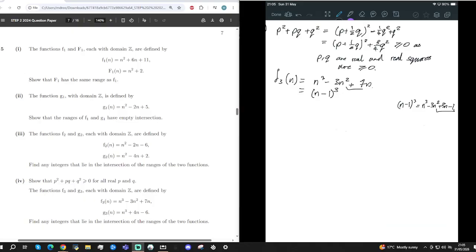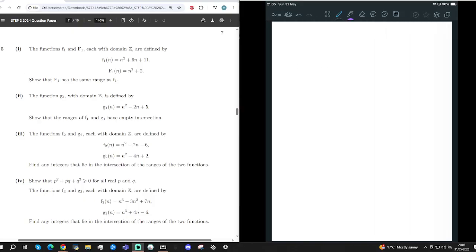I want plus 7n. So I need a little bit more. So we need an extra 4n. Now this straight away makes me really pleased because I've got a plus 4n in g3. And then I need to add 1 to cancel out. So now I'm starting to think like part 1 of the question.